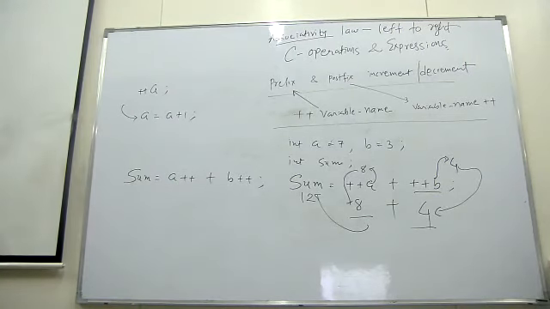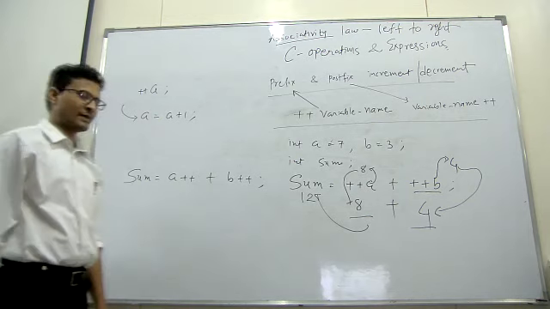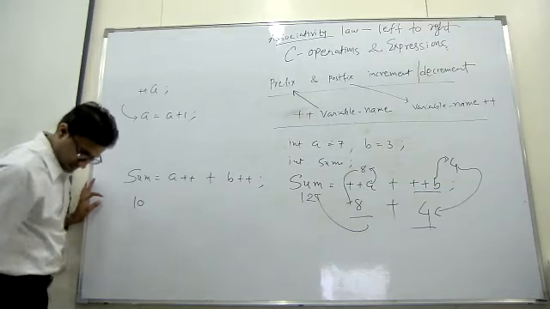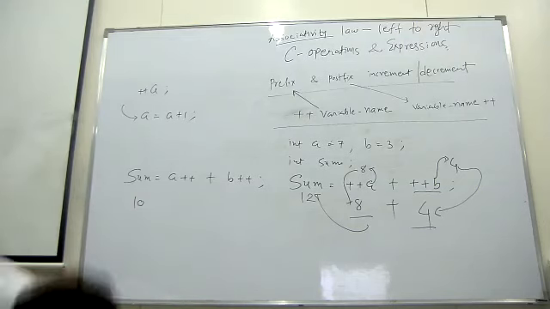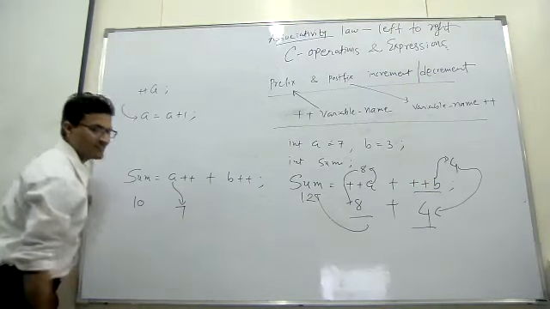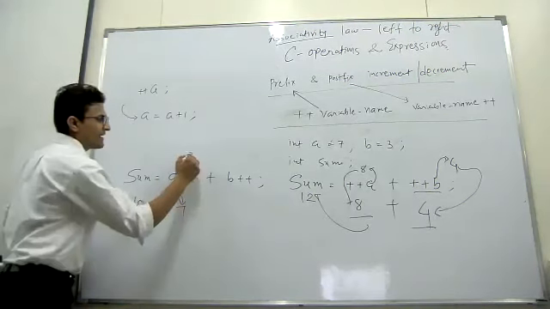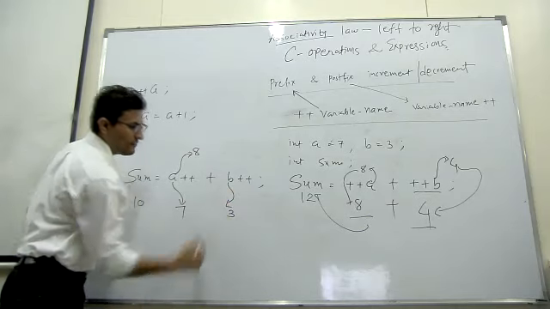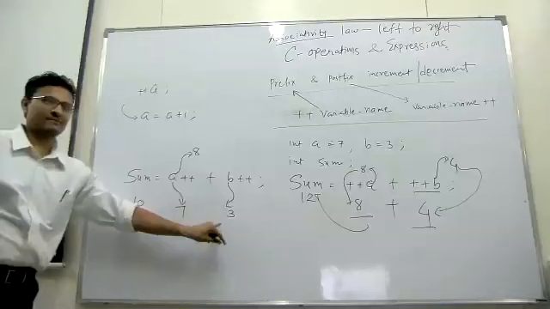In this case, what will be the answer? 10. Answer is 10. How? Here it will assign first, then update it. Here it will assign the value first, that is 3.